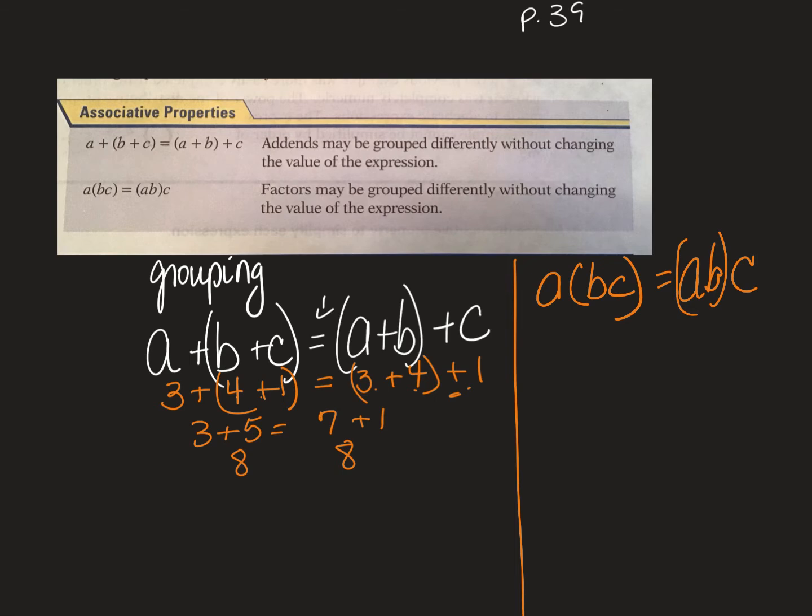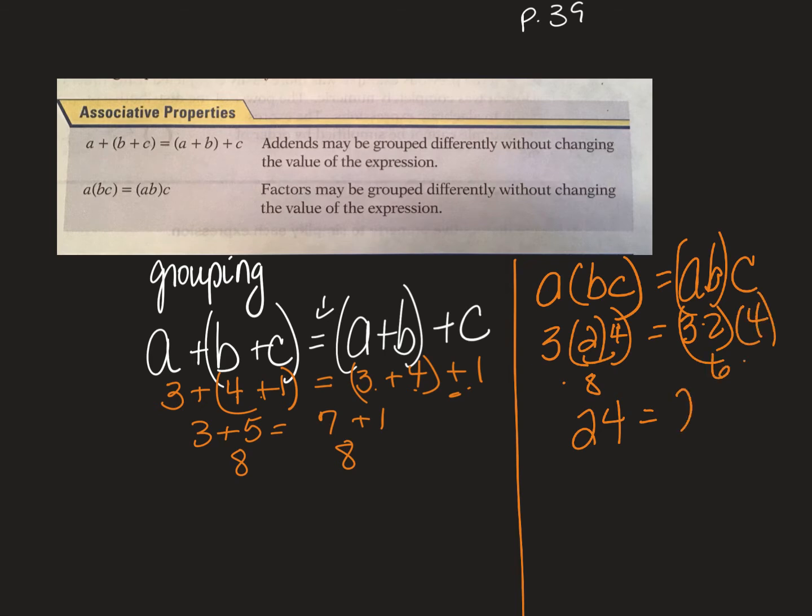So let's just say that A is 3 times 2 times 4 equals. Okay? So 2 times 4 is 8, and then 8 times 3 is 24, and you're going to find that that equals as well. 3 times 2 in parentheses times 4. In this case, you're going to get 6 times 4, and that's also going to equal 24.